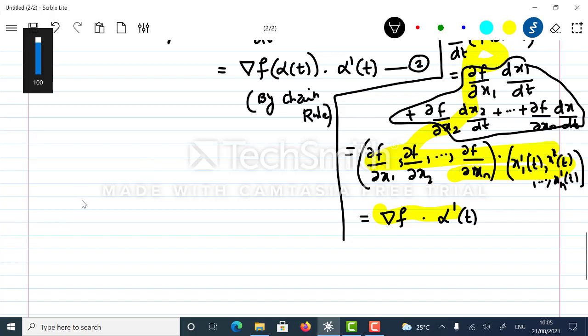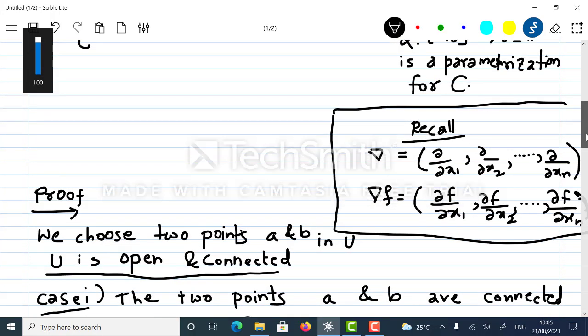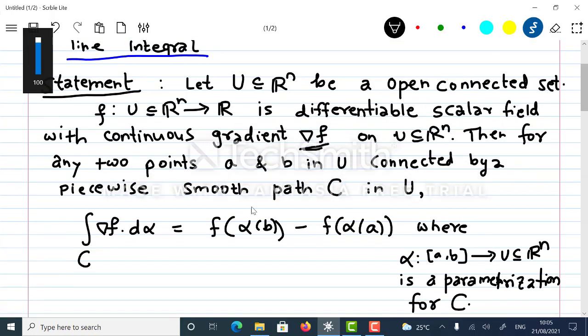Then let us find the LHS of my given expression. My aim is to show that the line integral of gradient f is equal to f of alpha b minus f of alpha a.